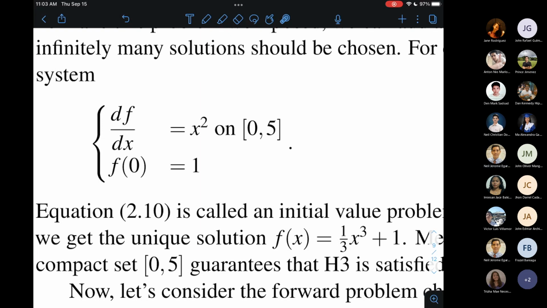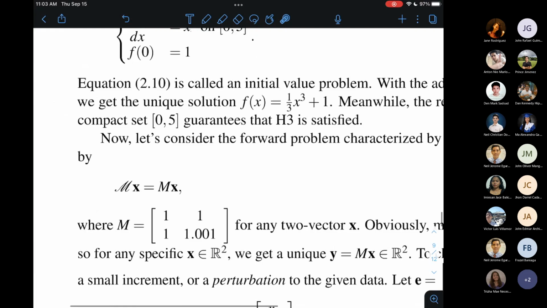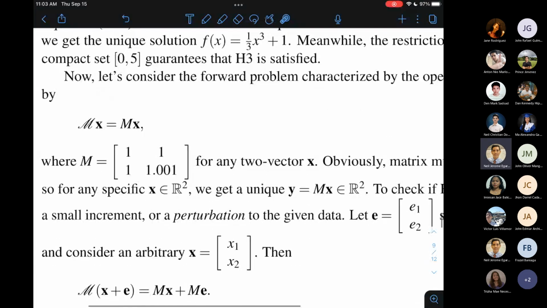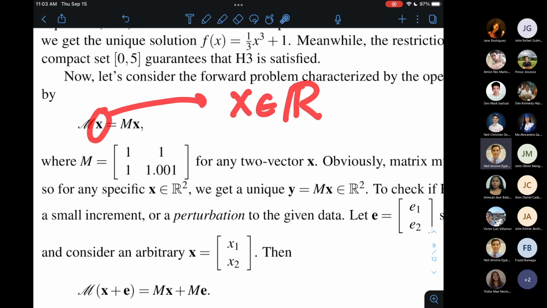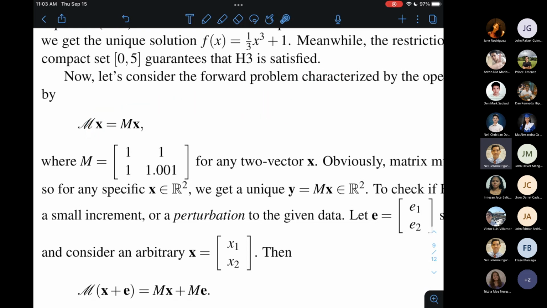Okay? Now, one more, let's look at one other case. Consider naman natin yung forward problem characterized by the operator curly M, which takes a 2-vector X. Pag sinabi natin 2-vector, element lang siya ng R2. Or in this case, siya ay 2x1, right? It's a 2x1 matrix or 2x1 vector.